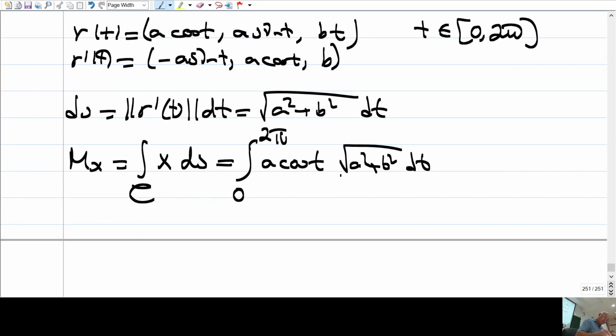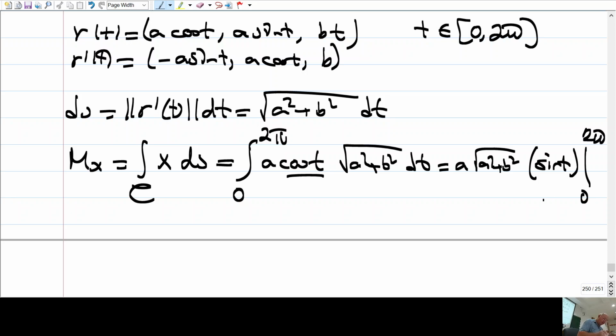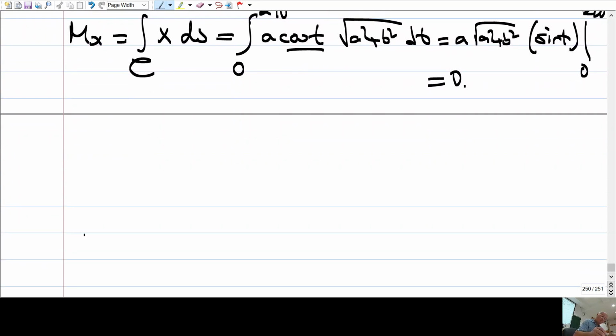These are constants, so I can take them outside. A times square root of a squared plus b squared, and then integral of cosine is just sine t, from 0 to 2 pi. Well, if you plug 2 pi and 0, you just get both are 0.